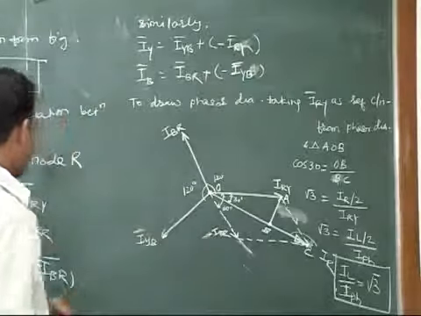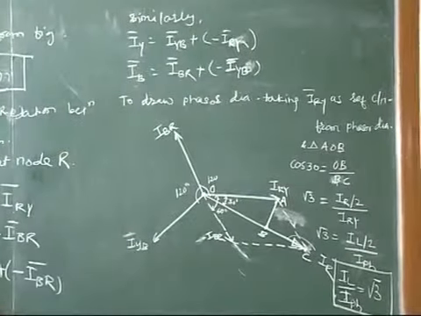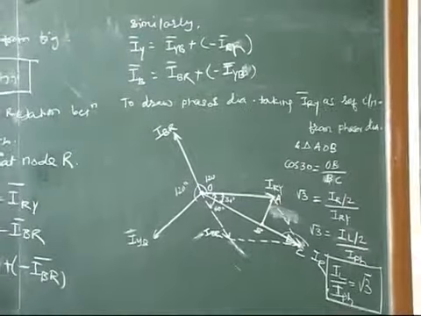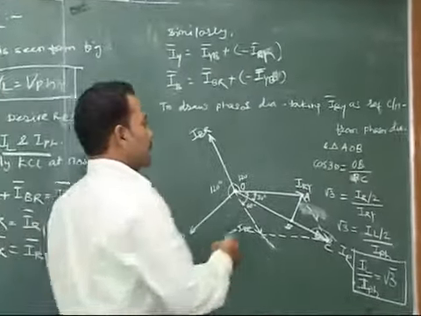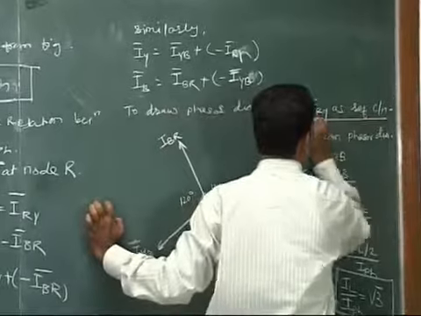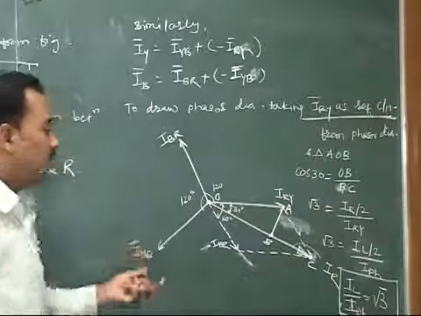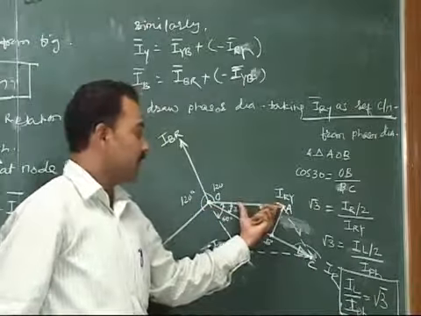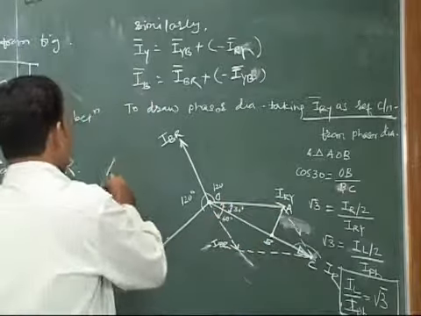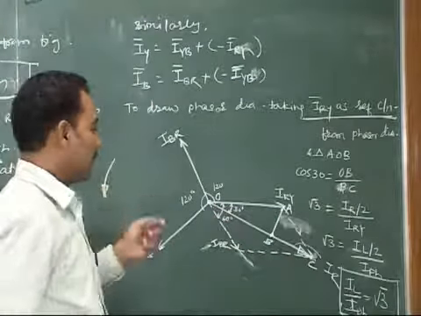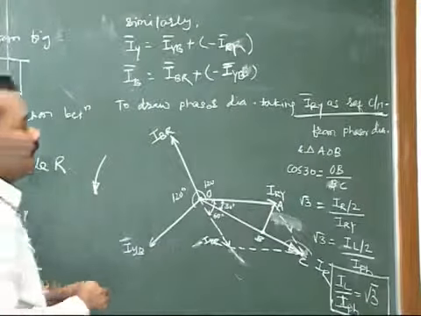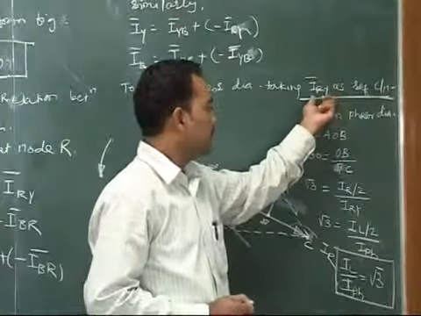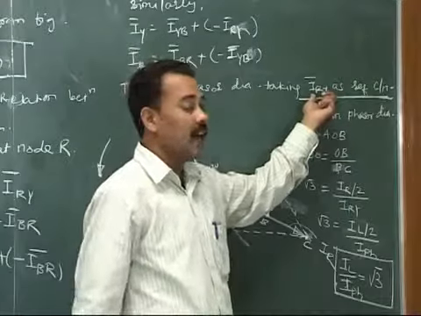So we need to draw the phasor diagram to show these relations between the line voltage, line current and the phase current. To draw this phasor diagram, we'll consider IRY as the reference current, that is the phase current, and the phasors will rotate in the anti-clockwise direction. The phase sequence is RYB, and the reference phasor is the current IRY.